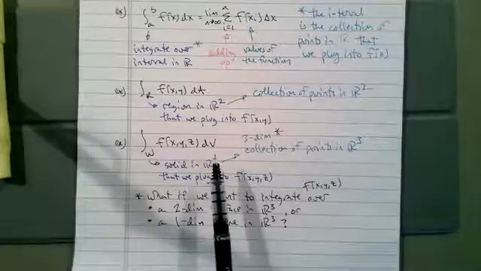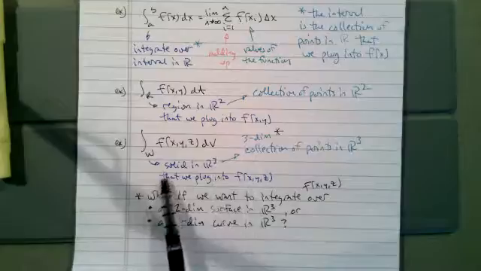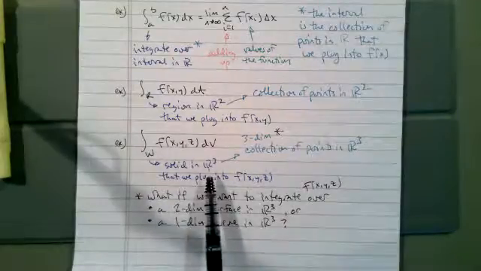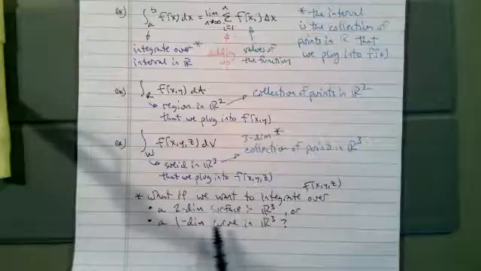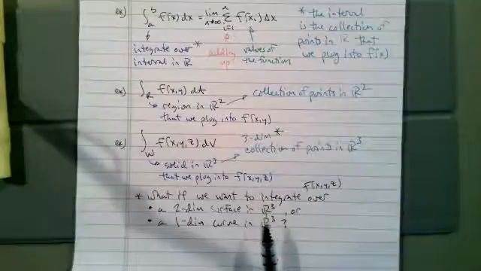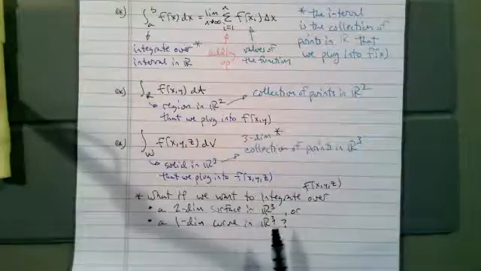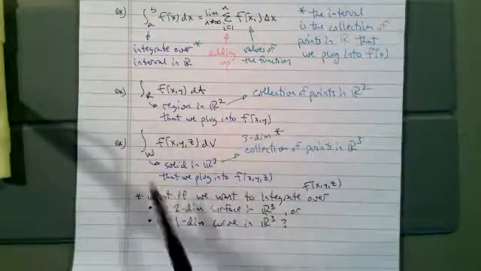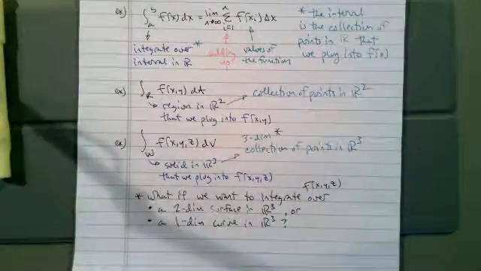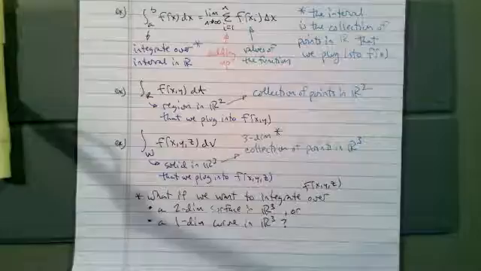What we want to do now is, so far, it's always been all the points in a solid in R3, but there are different structures in R3. There's also a 2-dimensional surface in R3. We might want to add up the values there. Or a 1-dimensional curve in R3. Maybe there's just the path of a fly as it flies around the room, and we want to add up the values of that path.